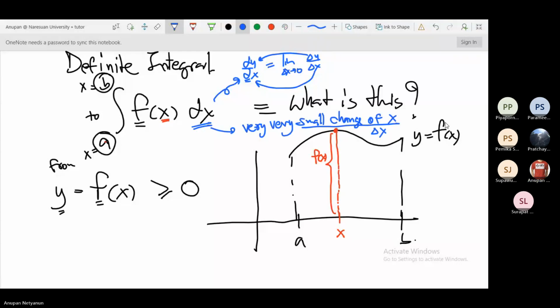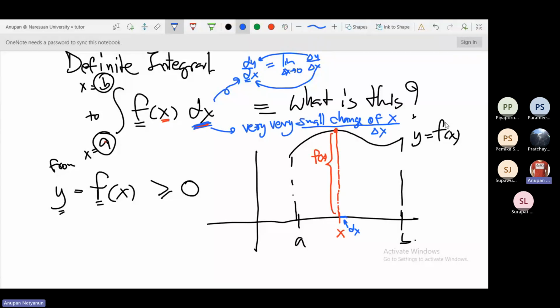So now I consider any x. I know that my f(x) is the height, which is the y value at x of the function. And this is dx, a very small change of x. So I put a small change of x a little bit over here, and the side is dx.